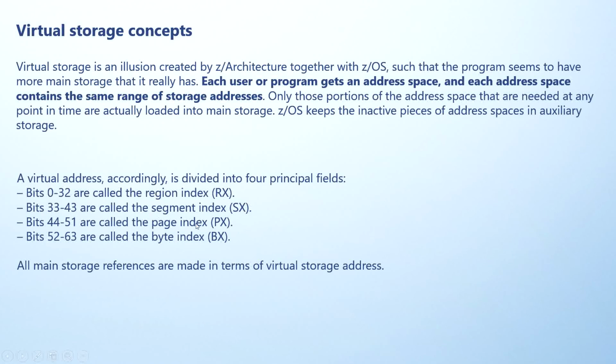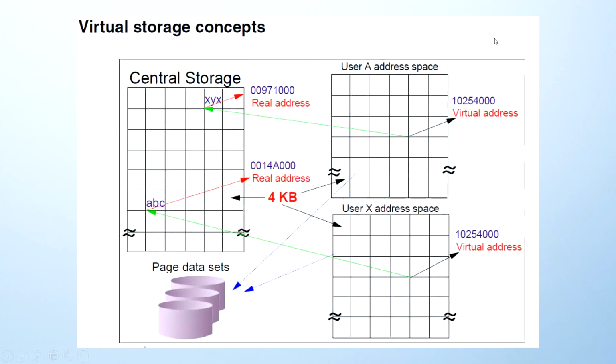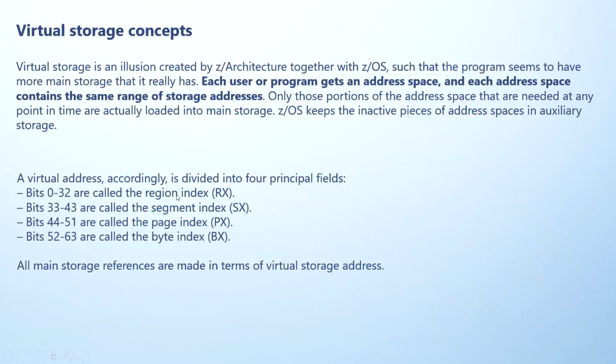By using these tables in the backend, which is transparent to the user, this virtual address gets translated into this real address. These are the tables which the system uses in the backend.